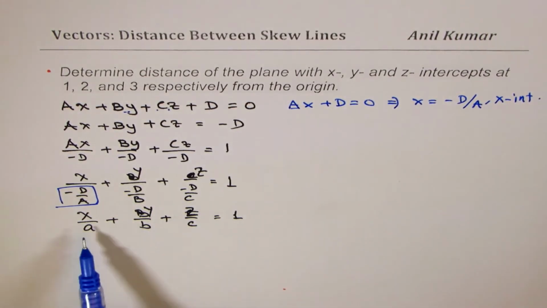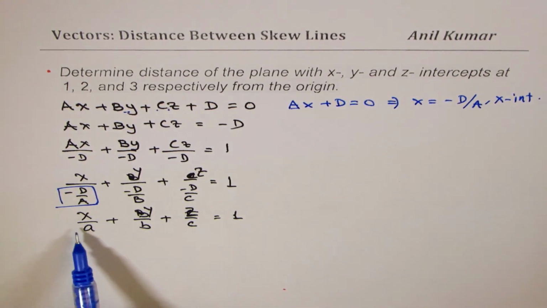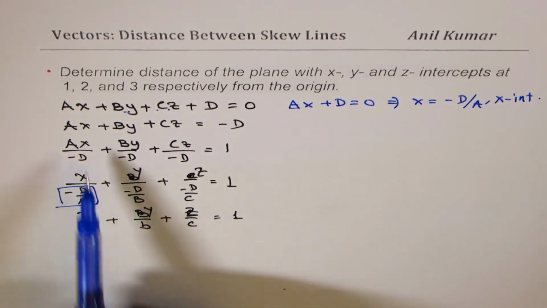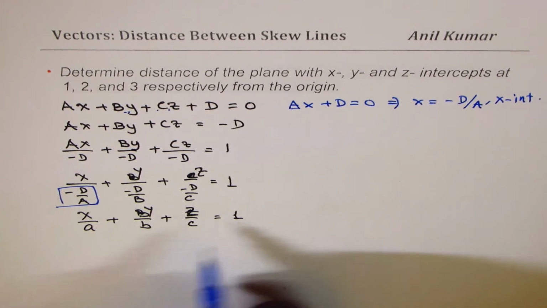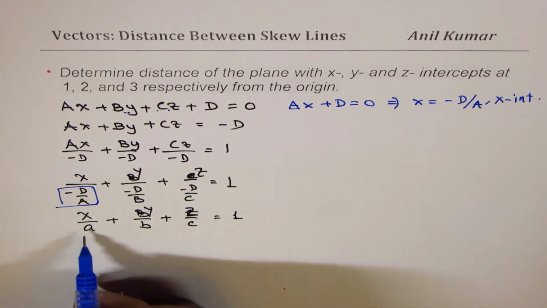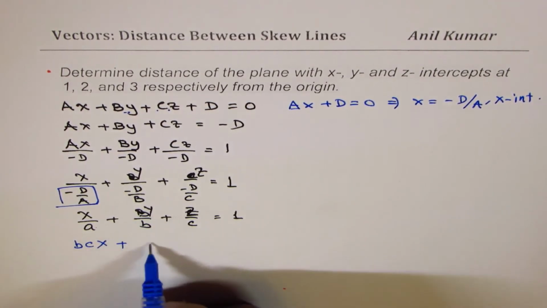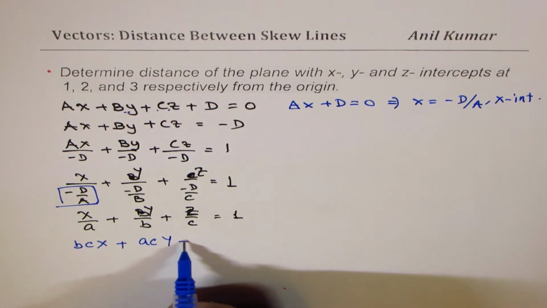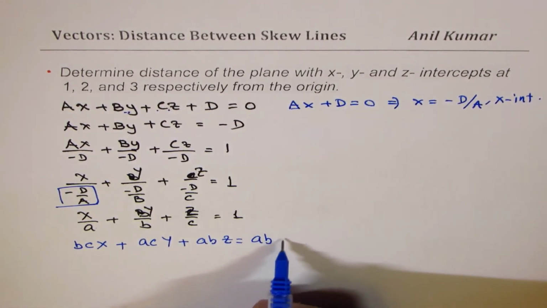Now, knowing the intercepts, we can actually rewrite this particular equation in Cartesian form with intercepts. See how? If I, at this stage, multiply everything by a, b, c, then what we get here is bc times x plus ac times y plus ab times z equals abc.